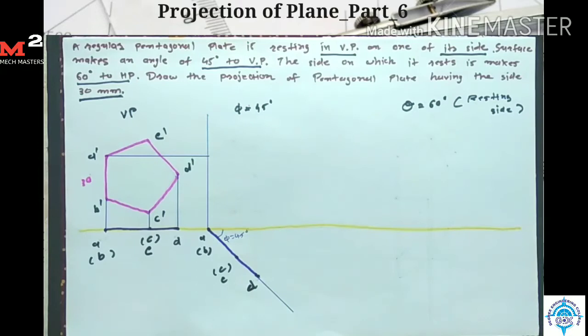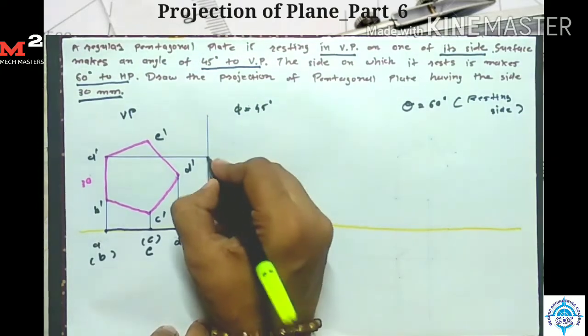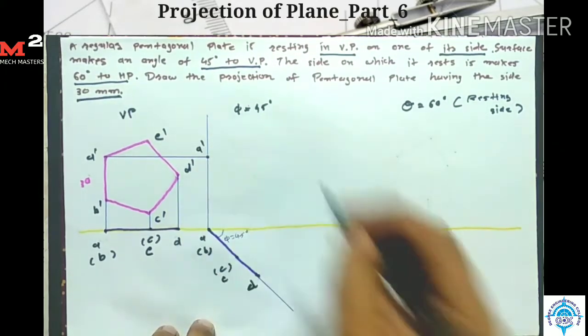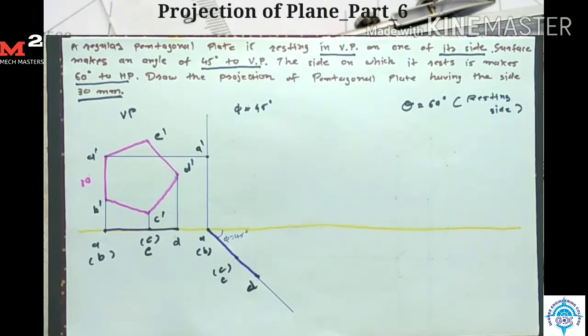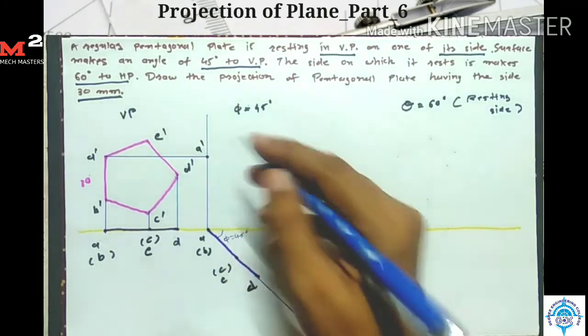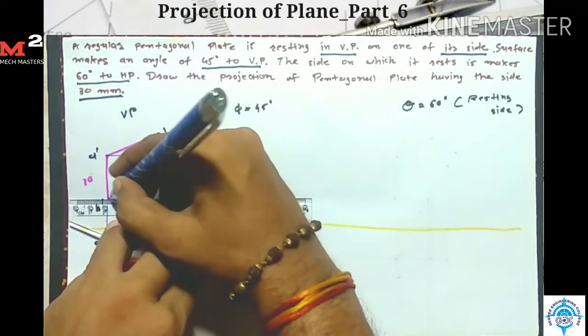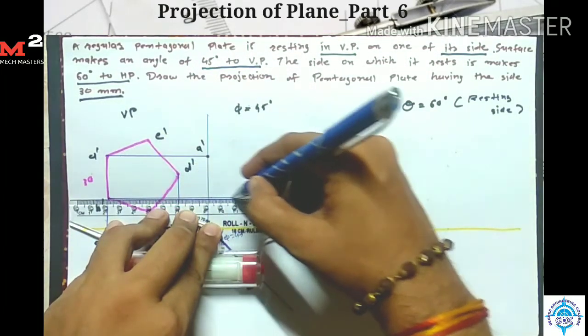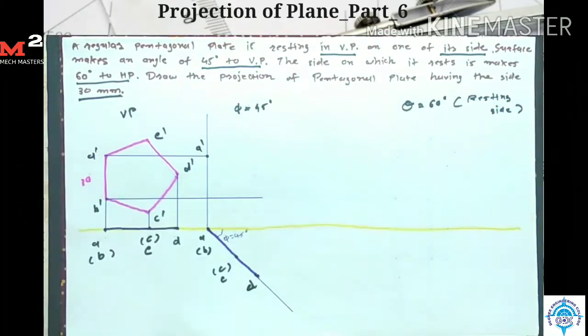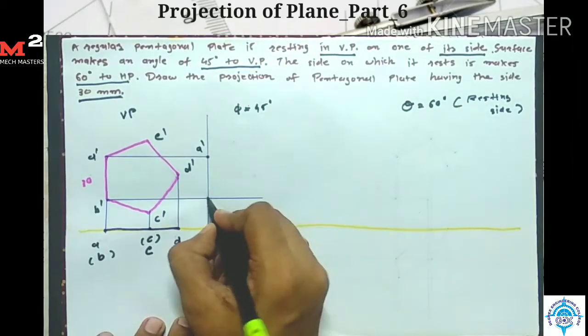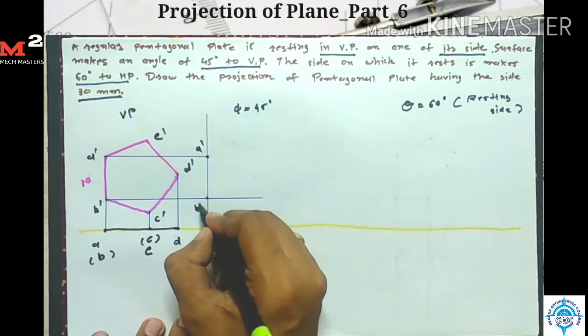The intersection of these lines gives me the point A dash. Similarly for point B, I take the projection from here and from here. The intersection of these lines gives me the point B dash.